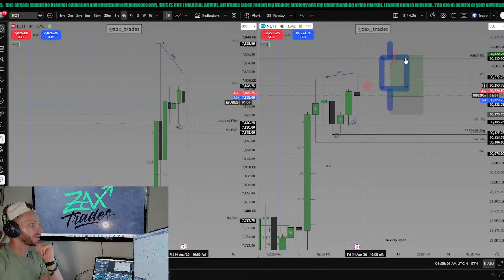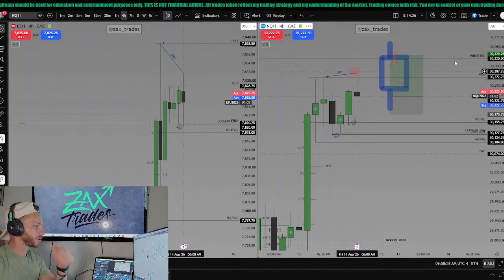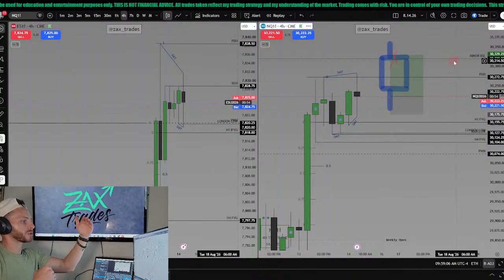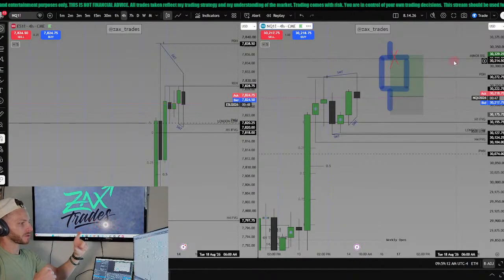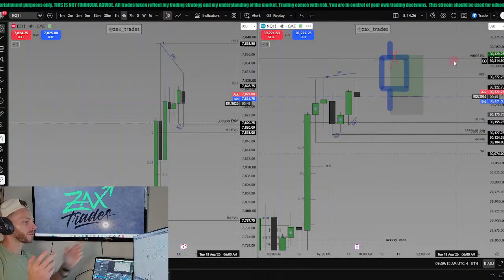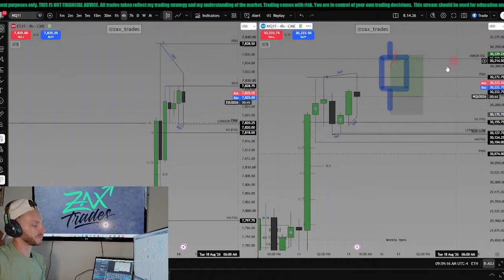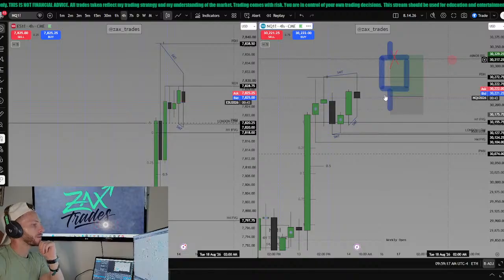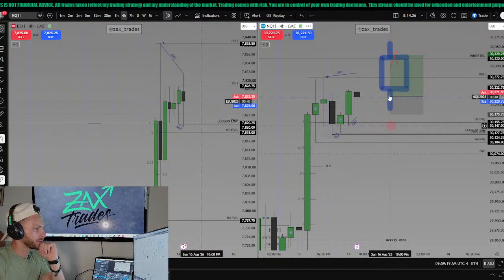And as long as you're taking profits at good draws on liquidity, then more than likely you're going to catch that extension. And before that higher time frame candle actually starts to peel back and start leaving an upper wick, you're probably already out of your trade if you're not getting overly greedy with it. So this is what I try to do.